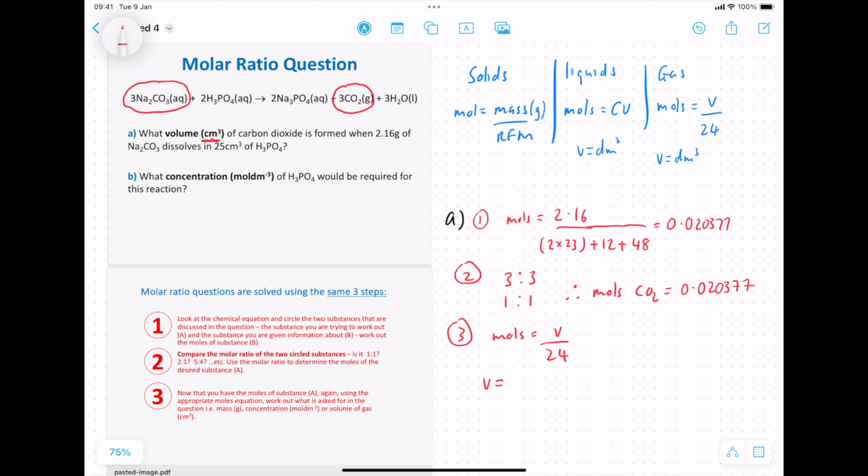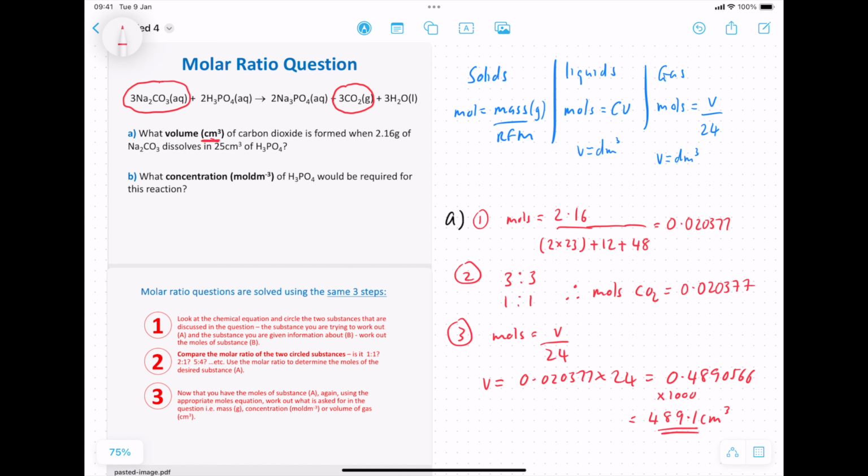V equals 0.02037 times 24 equals 0.489056 dm cubed. So timesing that by 1,000 gives me, to 1 decimal place, 489.1 centimeter cubed.